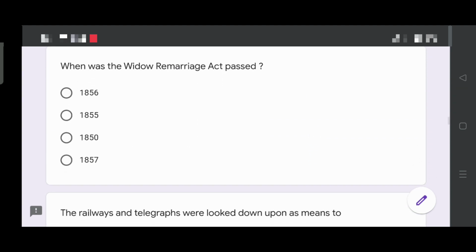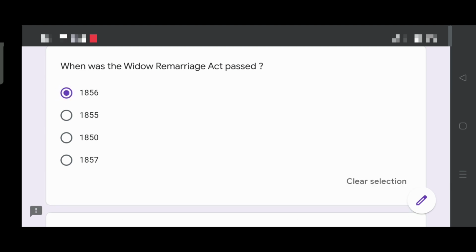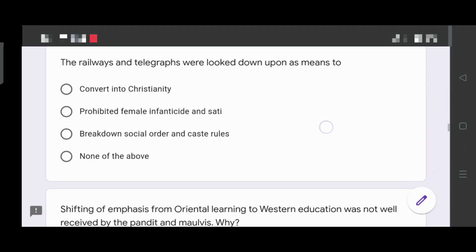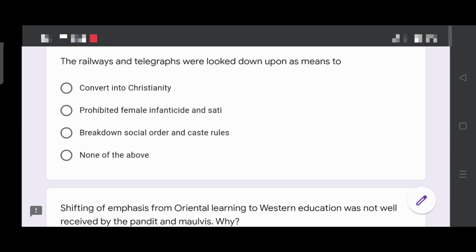When was the Widow Remarriage Act passed? 1856, 1855, 1850, 1857. The right answer is passed in the year 1856. The railways and telegraphs were looked down upon as means to convert into Christianity, prohibited female infanticide and sati, break down social order and caste rules, none of the above.